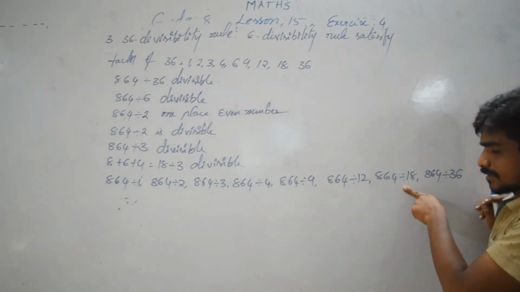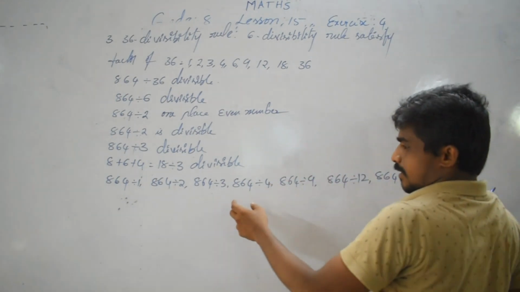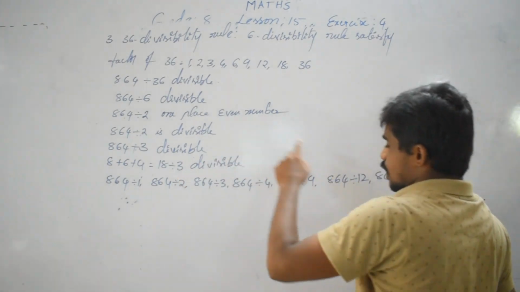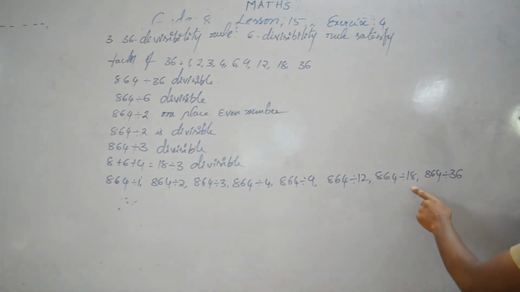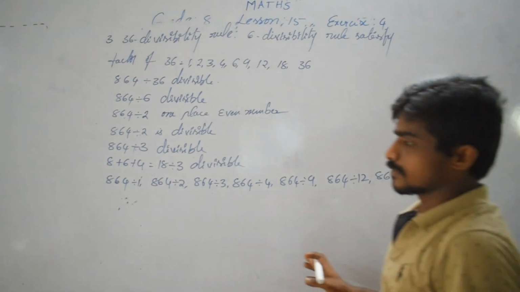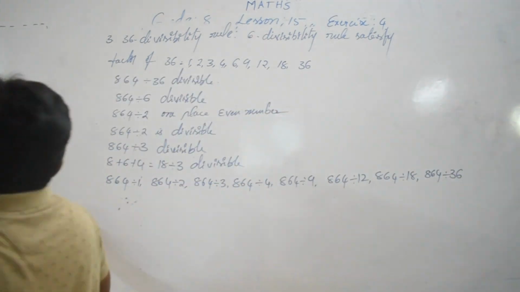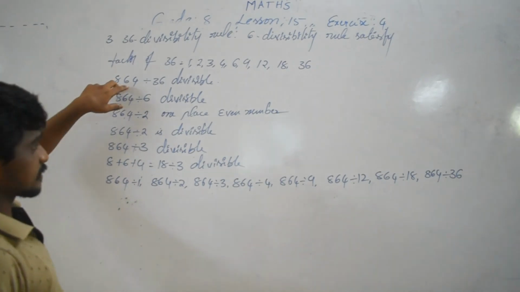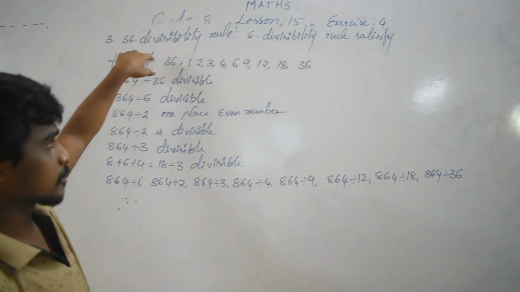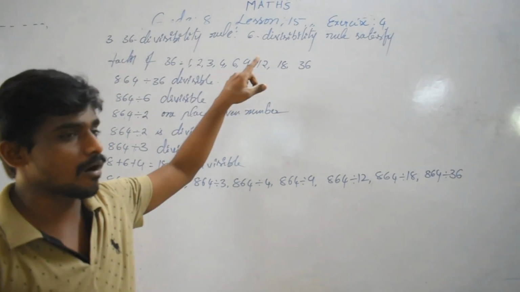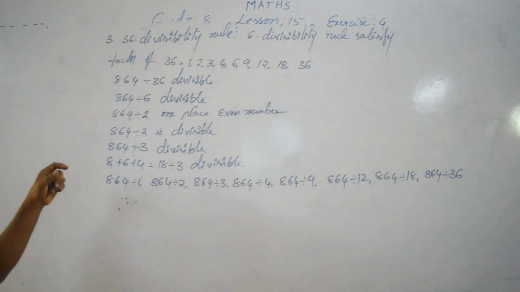What is the 18 divisibility rule? A number divisible by 2 and 9 is also divisible by 18. 36 is also divisible. So 864 is divisible by all the factors of 36.